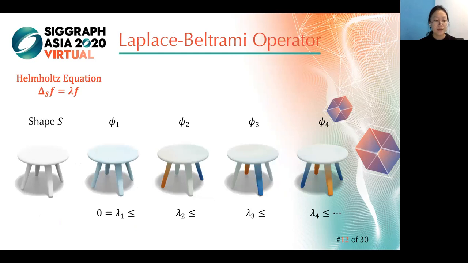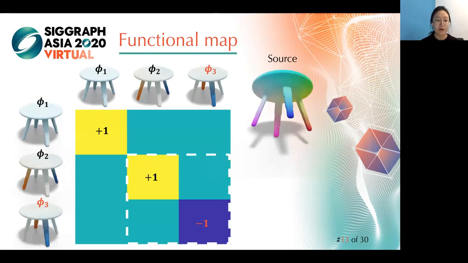Here we show an example of a table. And we also visualize some eigenfunctions, which are sorted according to the eigenvalues. As we mentioned before, a functional map is used to map functions defined on the shapes. And in the discrete version, a functional map is a matrix that stores the corresponding coefficients between the eigenfunctions. For example, here we show a 3x3 functional map that maps the first 3 eigenfunctions of a table to themselves.